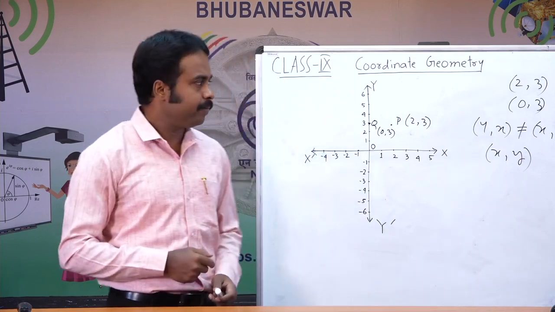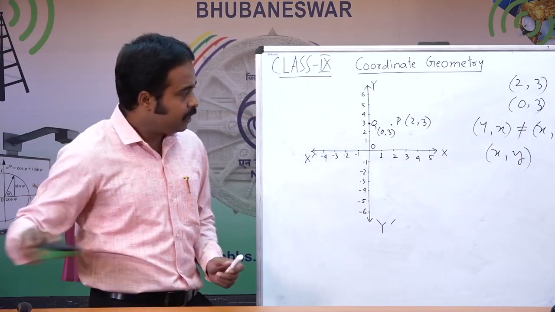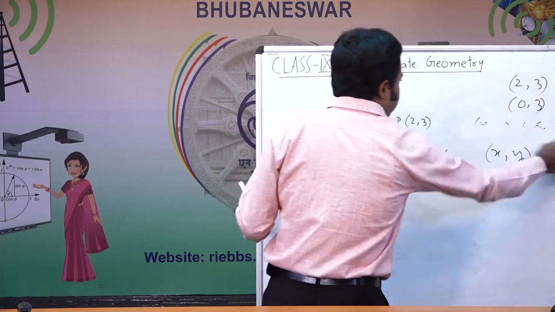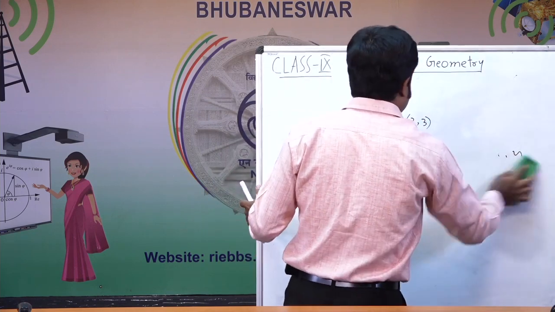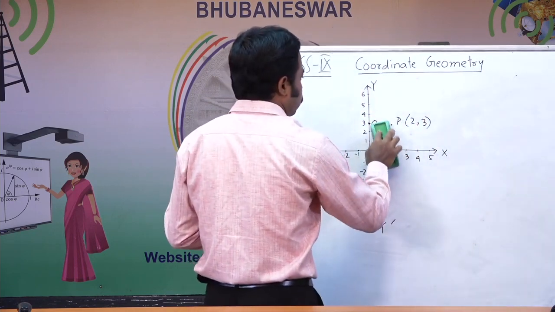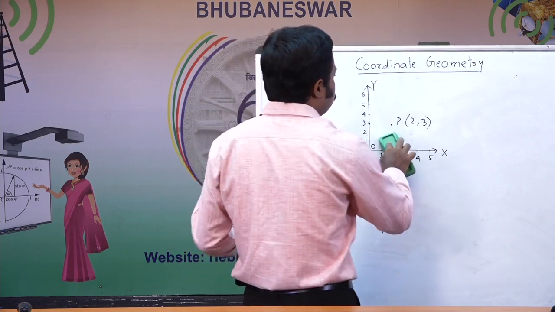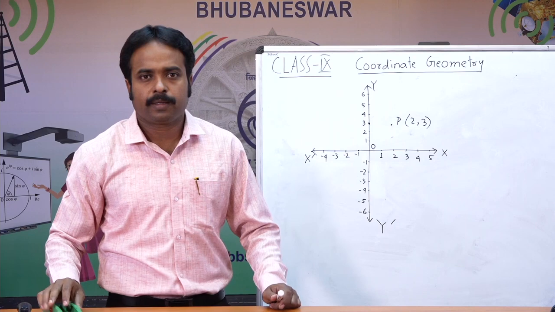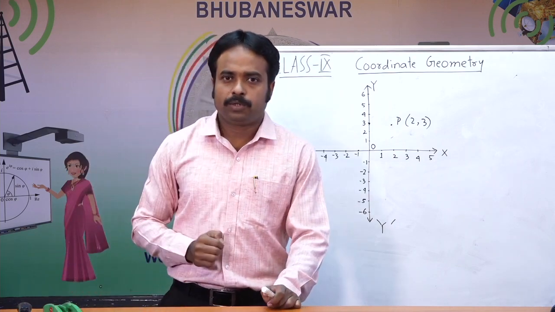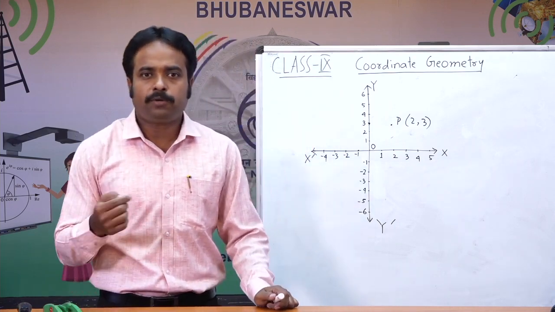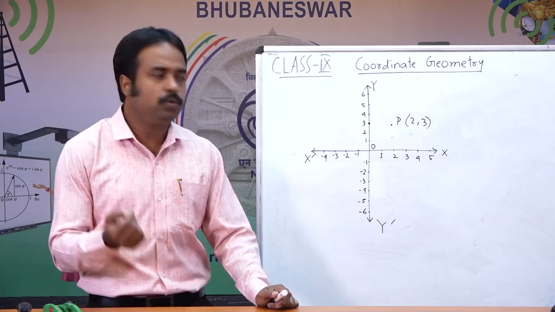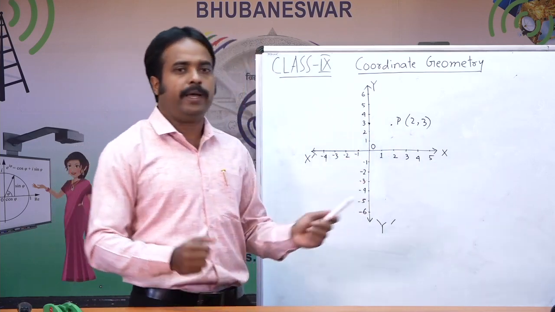Let us think. Some points are already there on our board. So, if the point is (2, 3), what would be the reflection of (2, 3) about the y-axis?